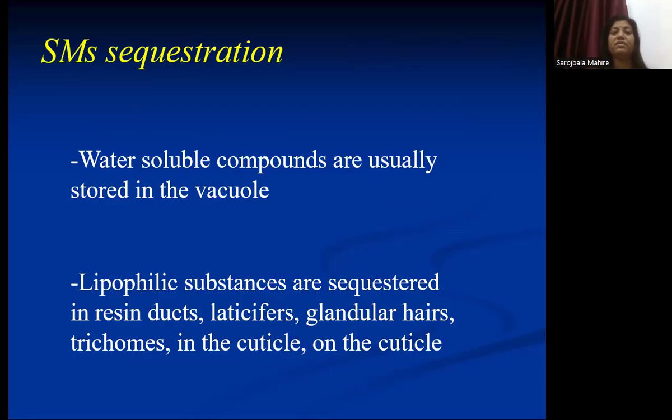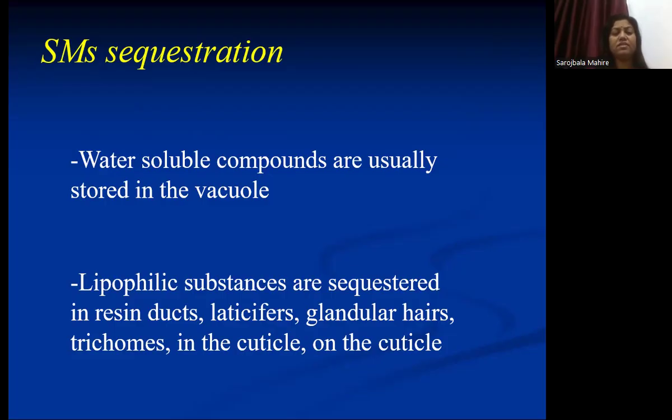Secondary metabolites sequestration. Water-soluble compounds are usually stored in the vacuole part of the plant, and lipophilic substances are sequestered into other structures.